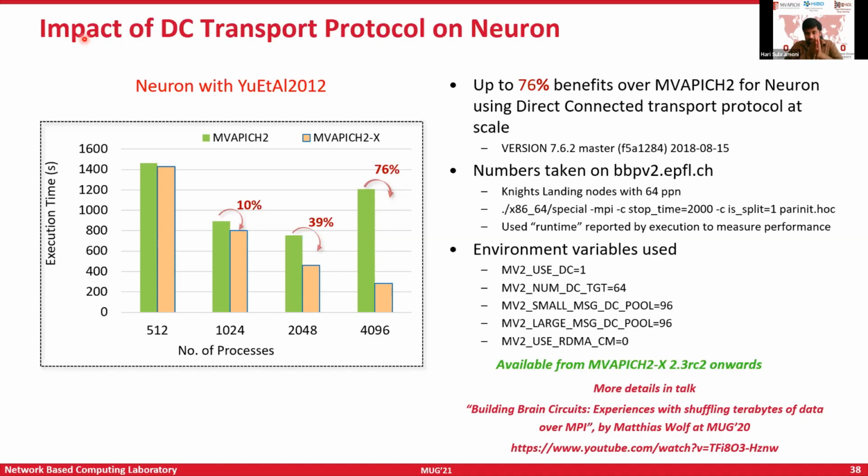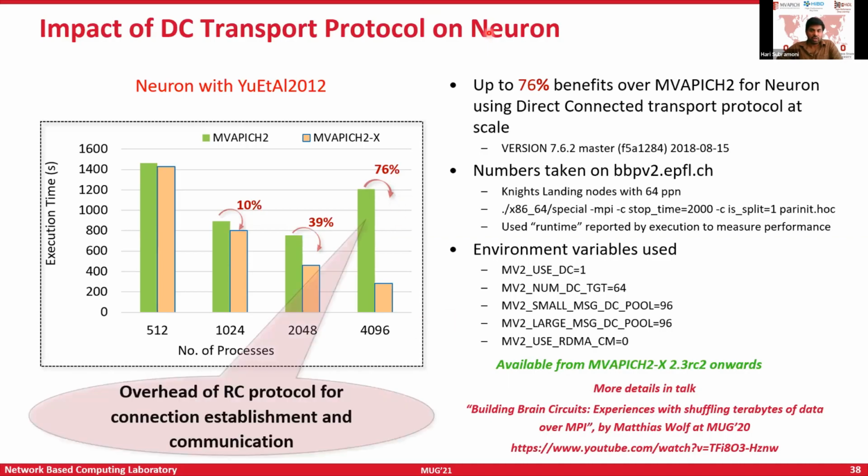So when we use protocols like this for very dense collective operations like all-to-all or other very communication-intensive point-to-point operations, we see significant benefits in the overall execution time of the application. This is an example of the Neuron application taken on the EPFL cluster in Switzerland.